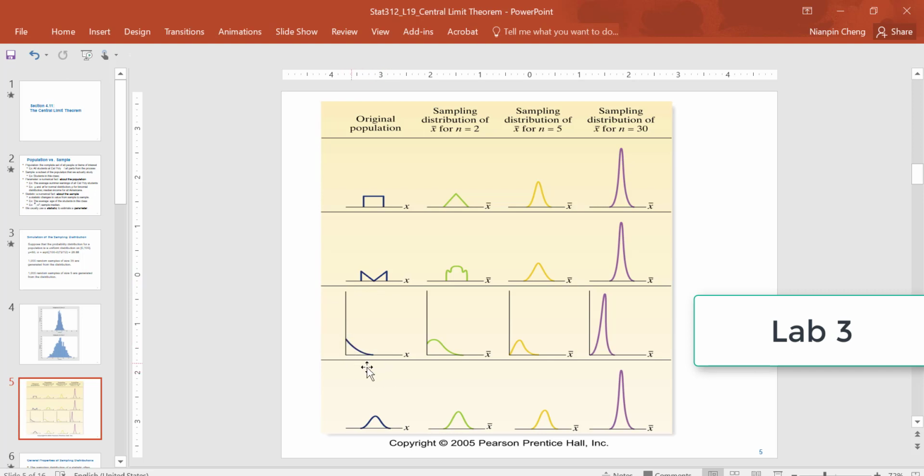This is the exponential distribution. Once your sample size gets larger, usually if it's larger than 30, the sample mean will follow a normal distribution. If the population is a normal distribution, the sample mean is always normally distributed no matter the sample size. Okay, so that's Lab3.